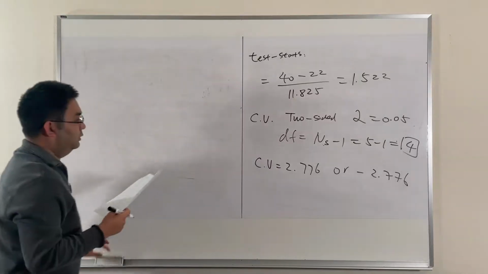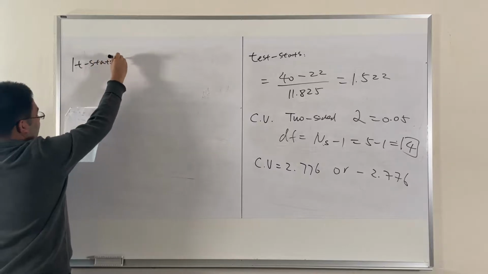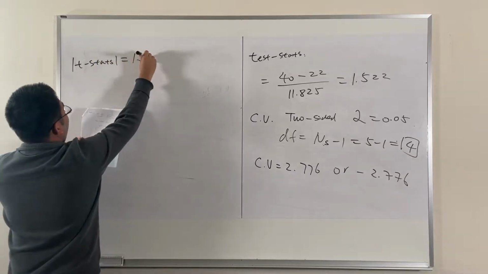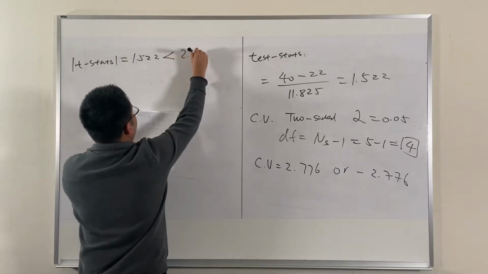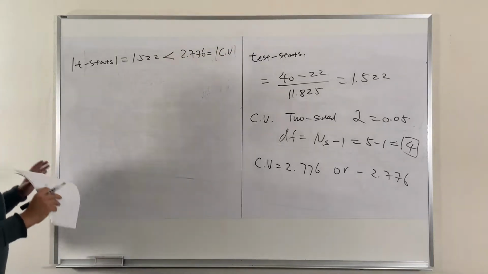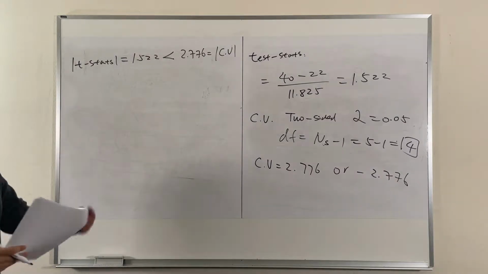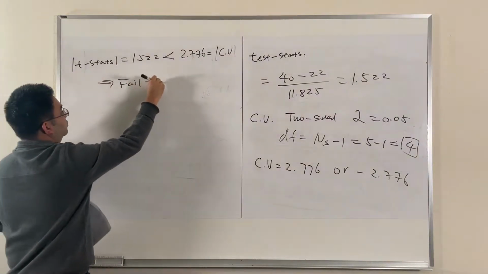The test statistic, in absolute value, equals 1.522, and this is less than 2.776, which is the absolute value of the critical value. So our test statistic is less than our critical value. What does it mean? It means we're going to fail to reject the null.